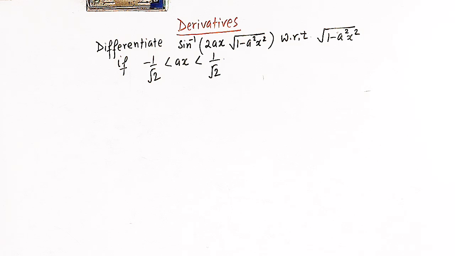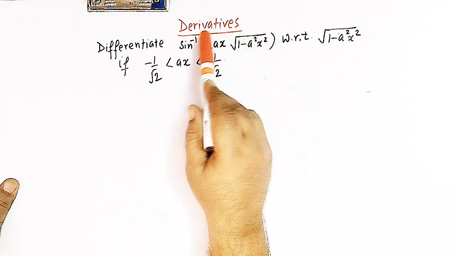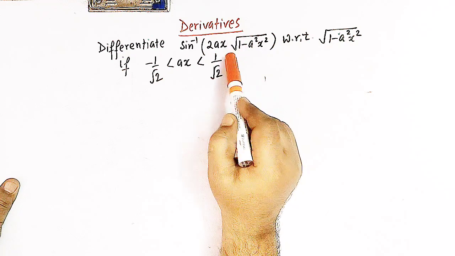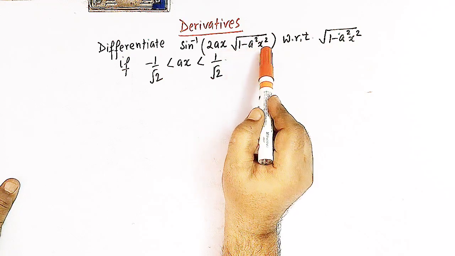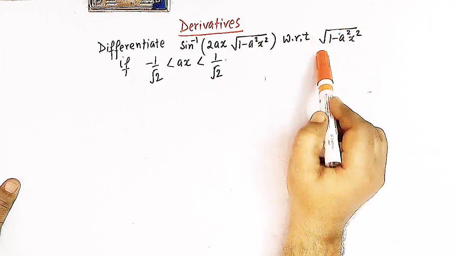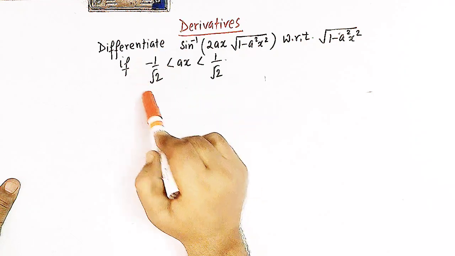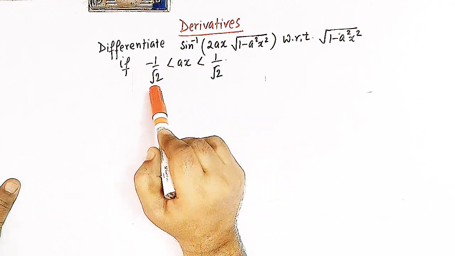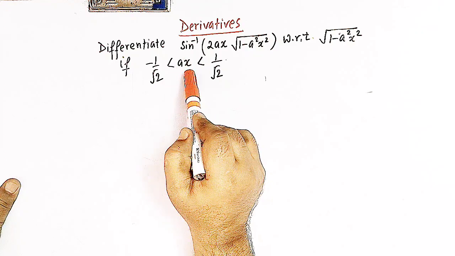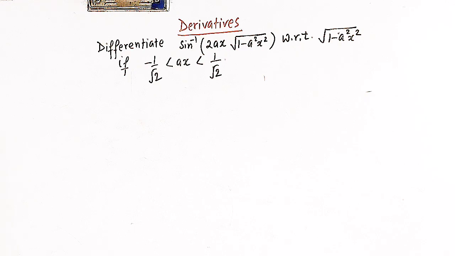Here we have to differentiate the function sine inverse of 2ax times square root of 1 minus a square x square, with respect to another function, square root of 1 minus a square x square, where the condition is given that minus 1 over square root of 2 is less than ax, and ax is less than 1 over square root of 2.